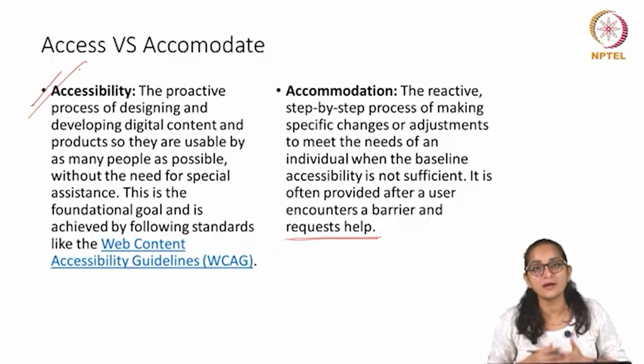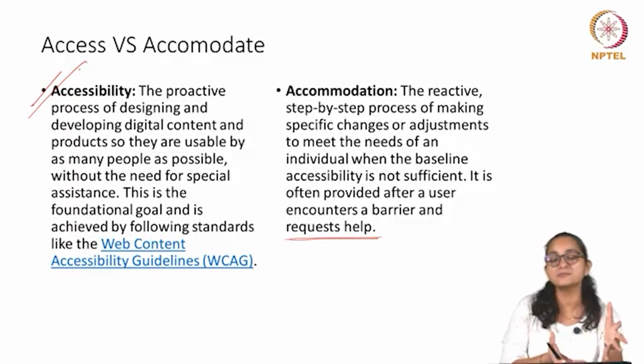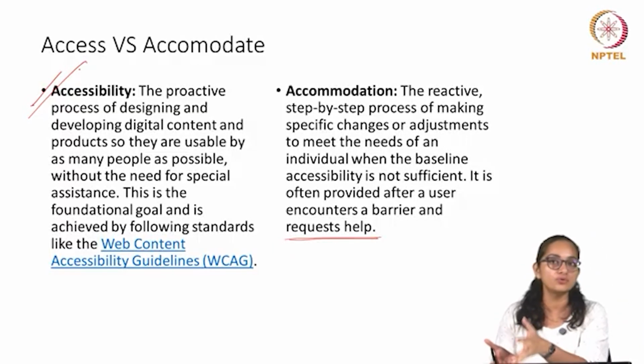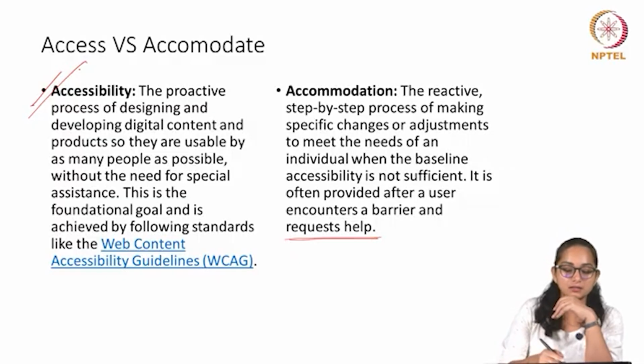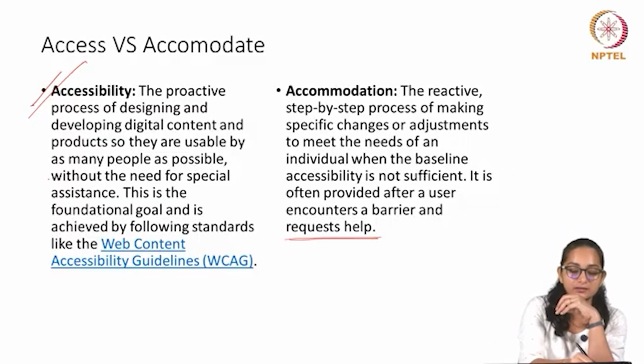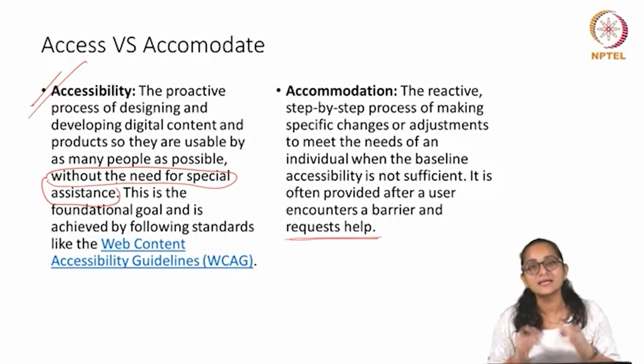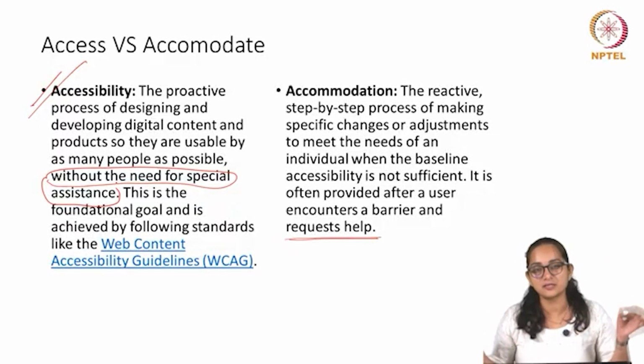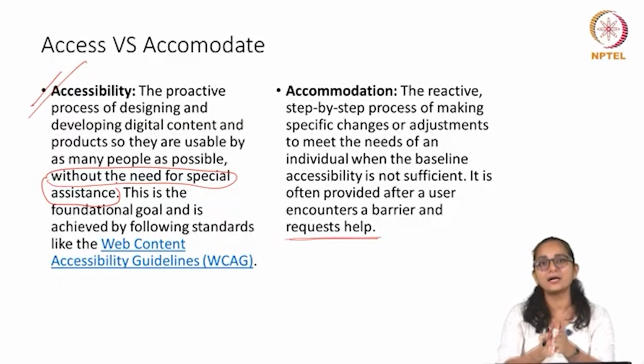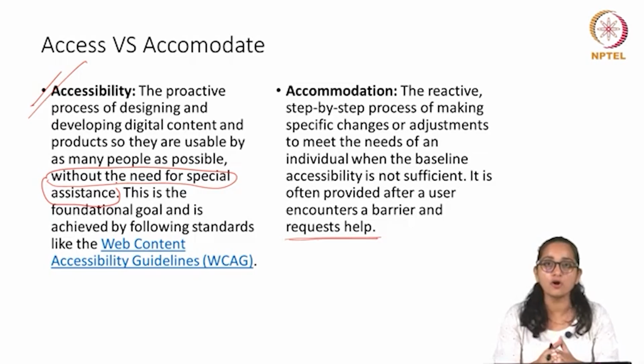Accessibility is something we have to proactively make sure is there. And if our systems are accessible, probably there is no need to accommodate, and that is what is there in the accessibility definition, that there is no need for any special assistance if the system is accessible. I hope this concept of accommodation is quite clear.